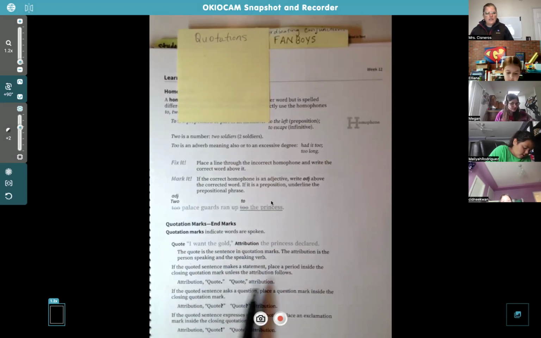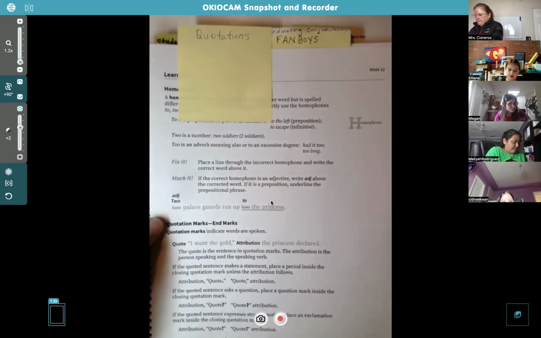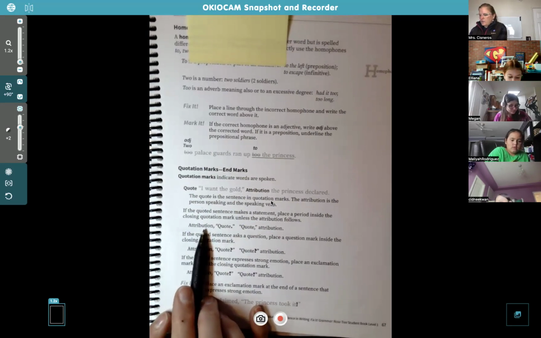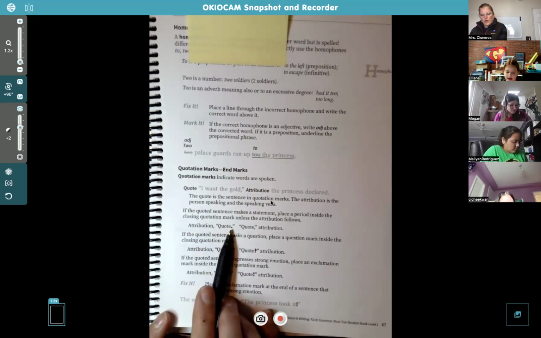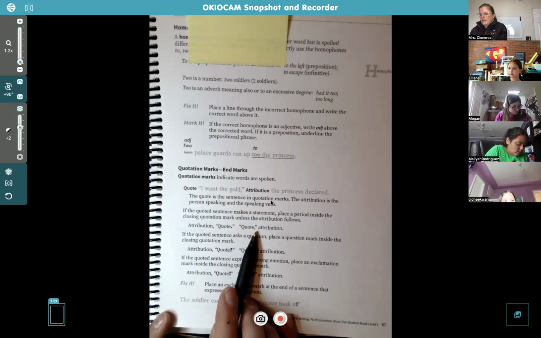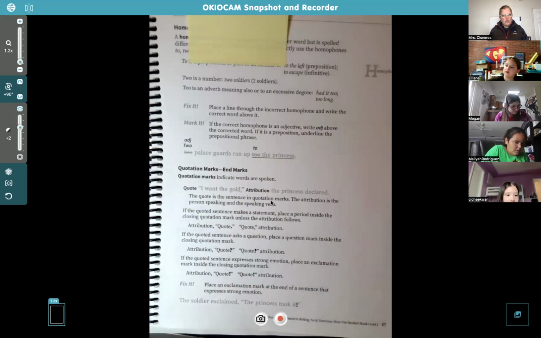So there's a few ways to do this. Do you see down here where it says attribution, comma, and then a quote? And then it says quote, comma, attribution. So when you make your sentences for your story, you can use both of those ways. You can switch it back and forth. That makes it more interesting to read.